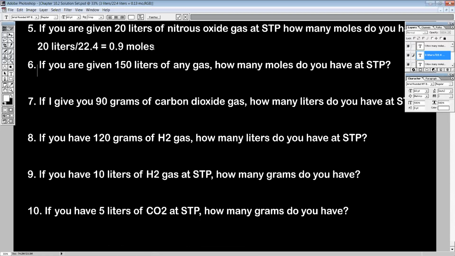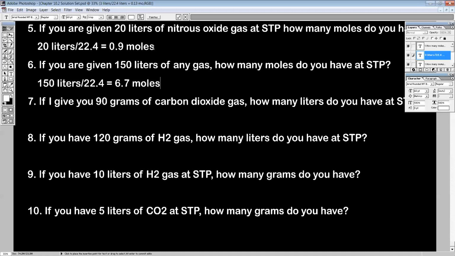Giving you 150 liters of any gas, 150 liters divided by our constant, 22.4 liters per mole, and our result there is 6.7 moles.